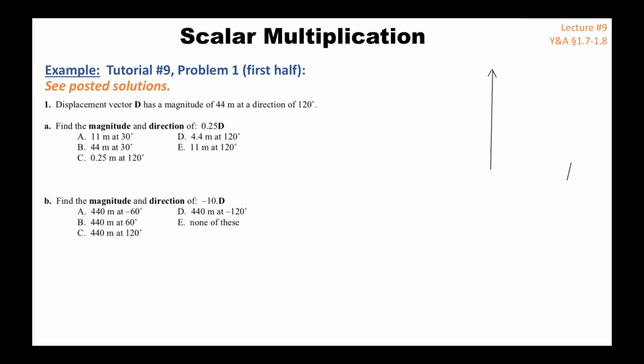I can make myself some axes here, and I'm going to consider a vector that points up to the upper left at about 120 degrees. If this is the positive x direction, and that's the positive y direction, I'm going to go 120 degrees, trigonometric angle, and at that angle, I'm going to create my vector here.